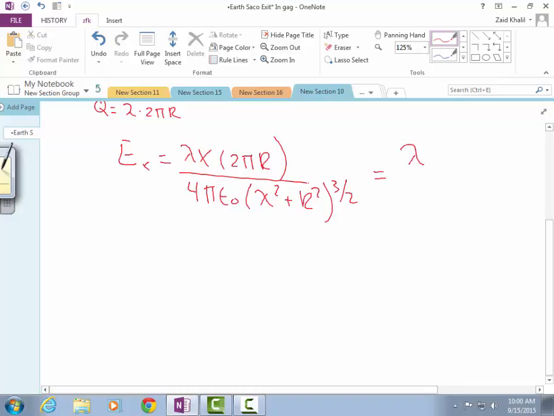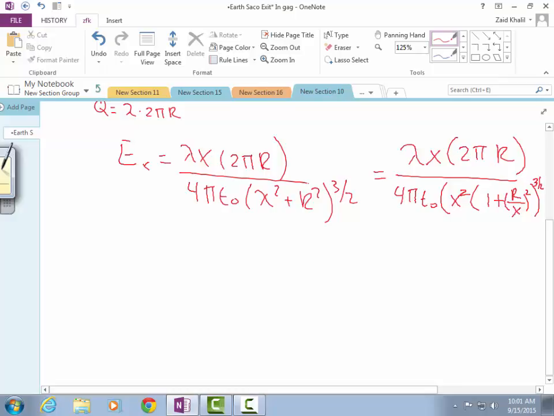So here you have lambda x times 2 pi r, and then the 4 pi epsilon naught. I'm going to factor out, so this is x squared times (1 plus r over x) squared, and all that to the 3/2.